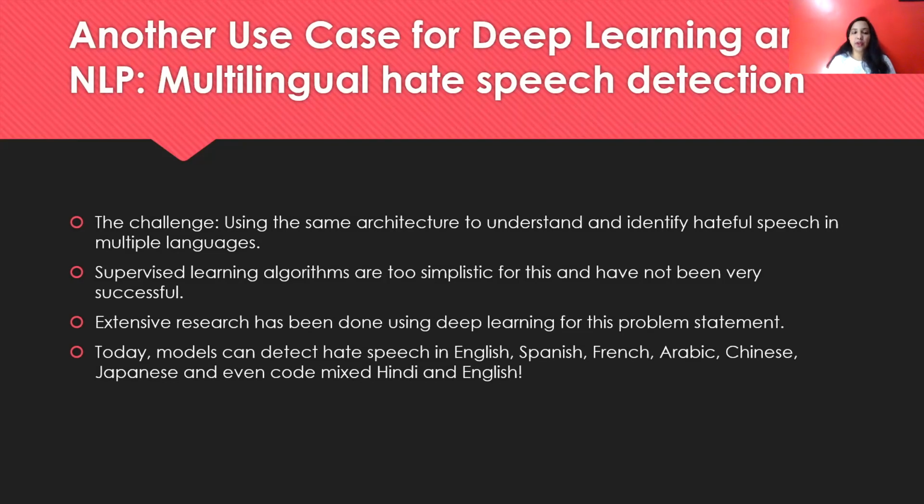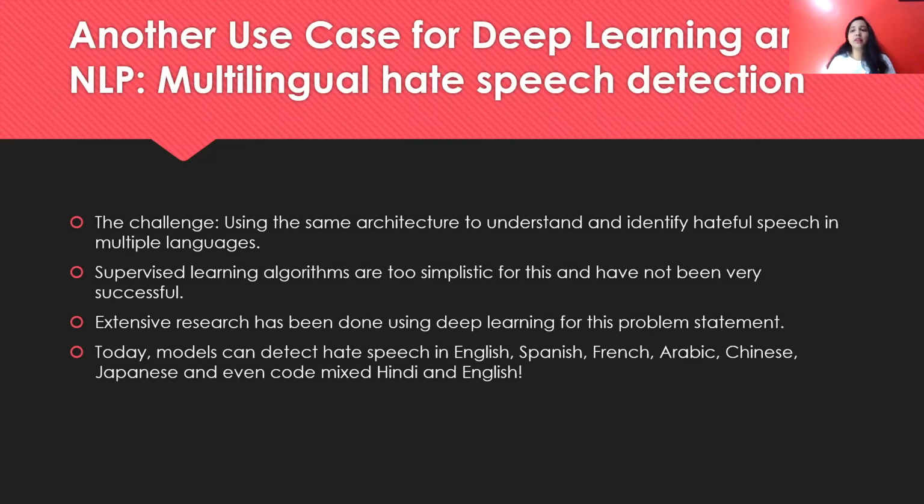And as of today, we have models that can detect hate speech in English, Spanish, French, Arabic, Chinese, Japanese, and even code mixed languages like Hindi and English. So there are a lot of successful publications in this realm. I do urge you to check it out if you're interested in this, because finally, when we talk about natural language processing, English is not the only natural language out there.